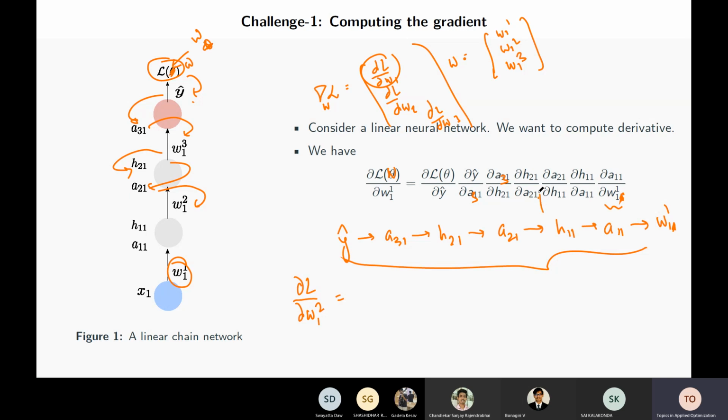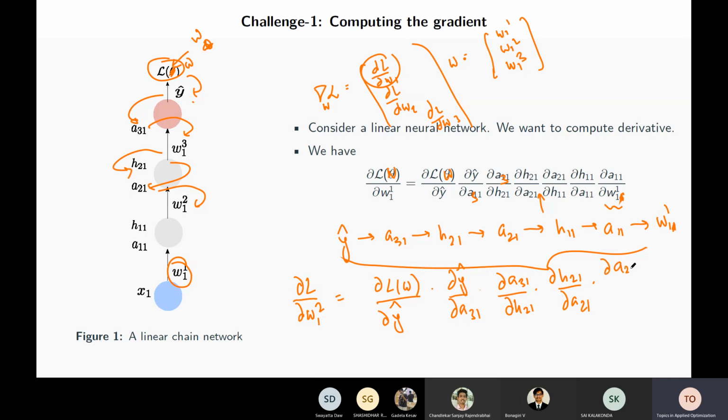So it is del L by del y hat, and del y hat as a function of del A31, and A31 as a function of h21, and del h21 as a function of a21, and then finally a21 was formed from W11.